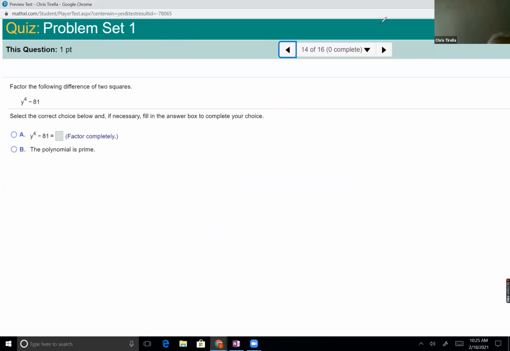Back to the difference of two squares. How's everybody with this one? When I factor y to the 4th minus 81, how will that factor?